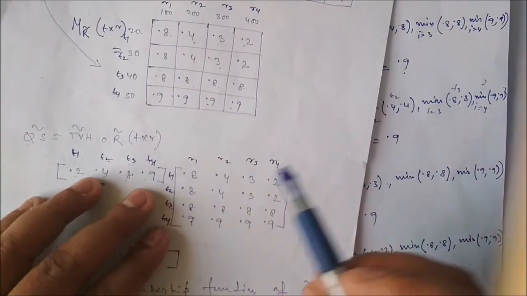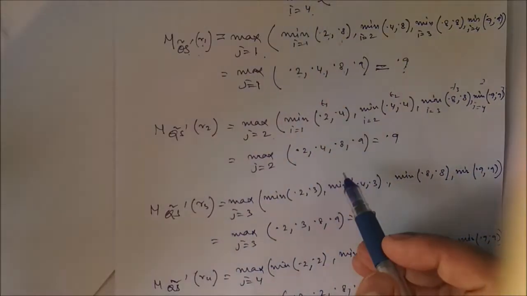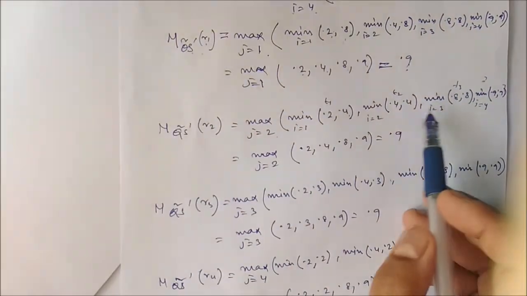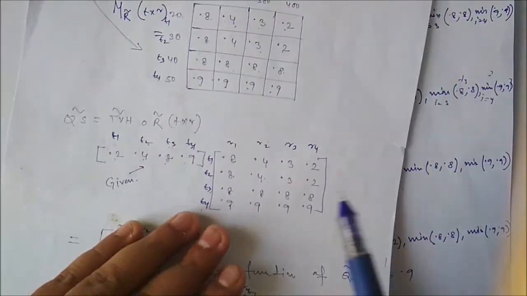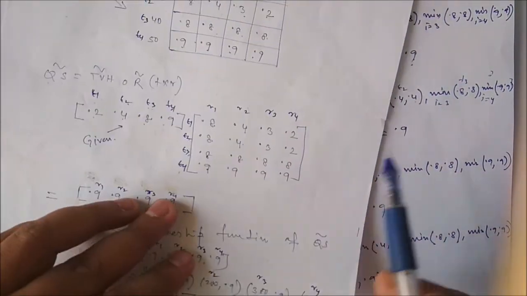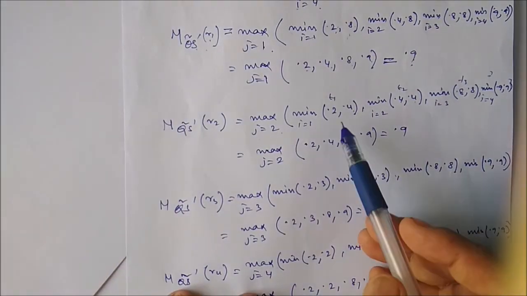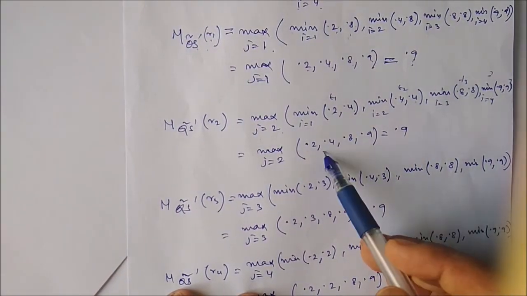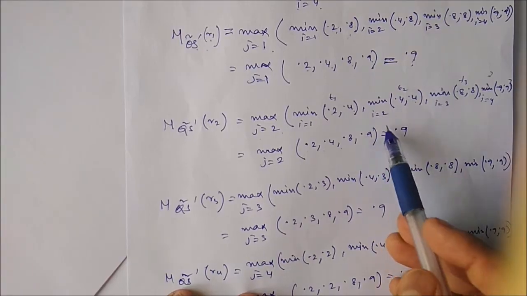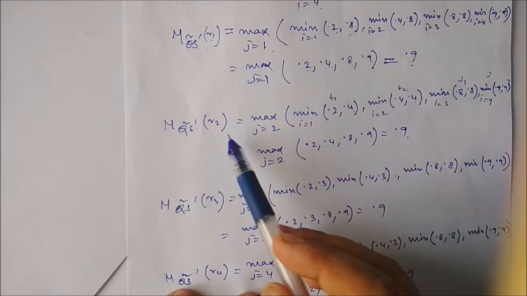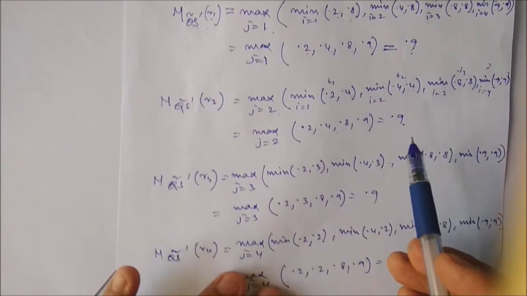T1 R2 is 0.4, T2 R2 is 0.4, T3 R2 is 0.8 and T4 R2 is 0.9. So the minimums are 0.2, 0.4, 0.4 and 0.9, and the maximum is 0.9. So this is the membership value of R2.